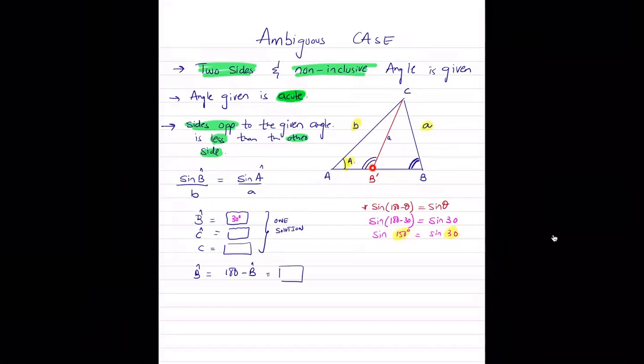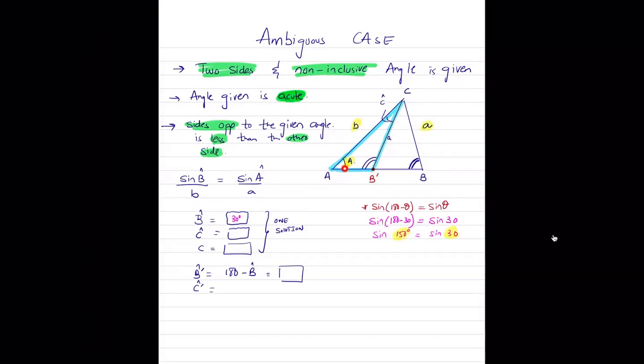Now I have the angle with me, so I can focus on this triangle. This triangle has this length as A, this length as B, and this angle is A. I just found B dash. Considering this triangle, what is angle C dash going to be?